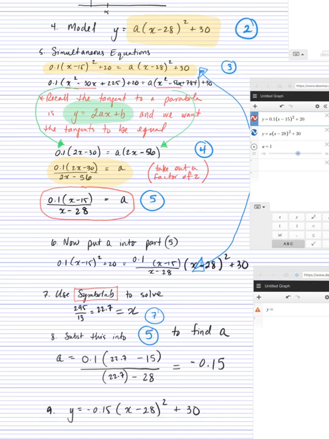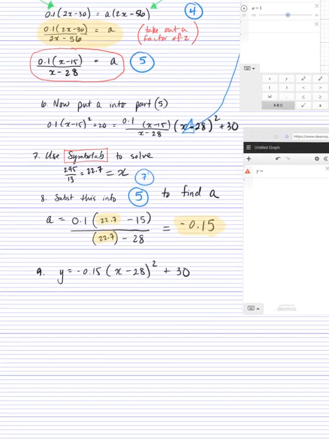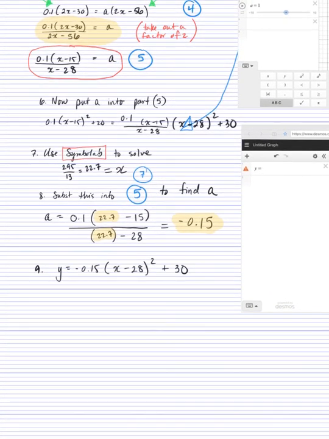So I end up with 0.1 times (22.7 minus 15) over (22.7 minus 28), and I get negative 0.15. You should be pretty happy at this point because we definitely know that a has to be negative or it's not going to work out.